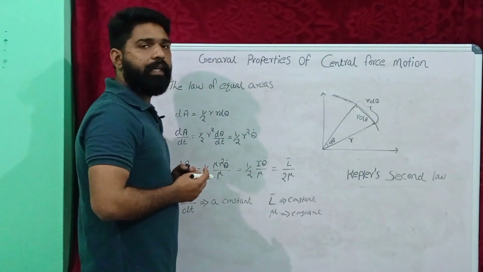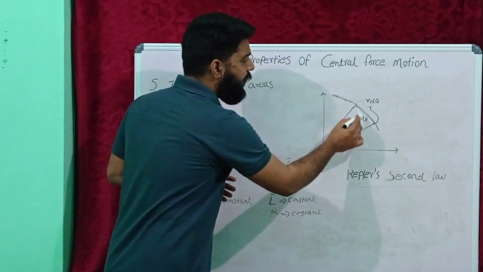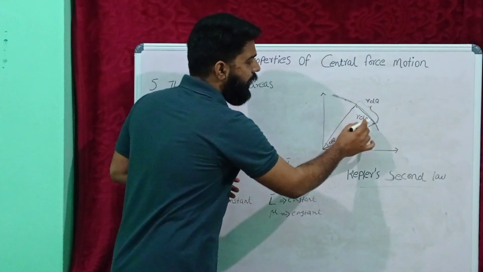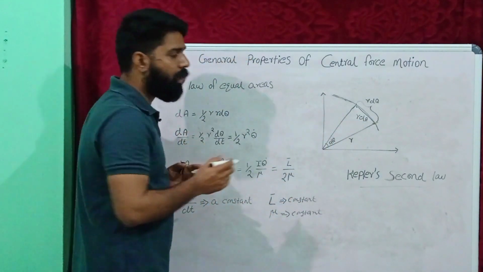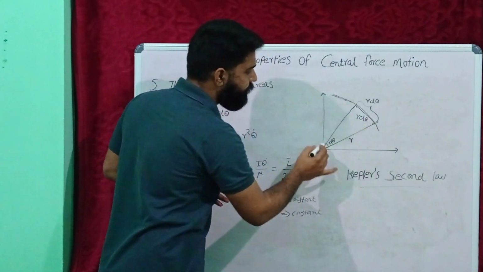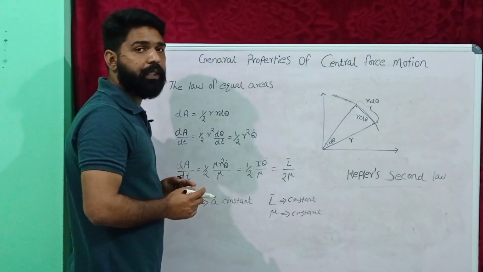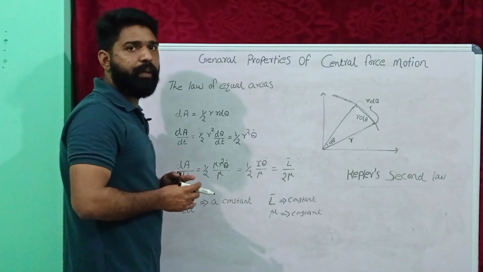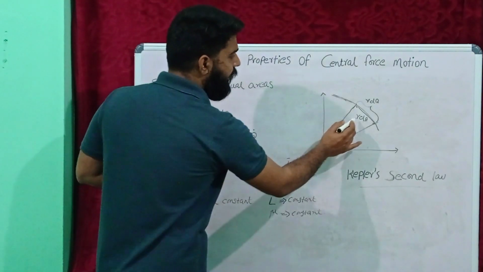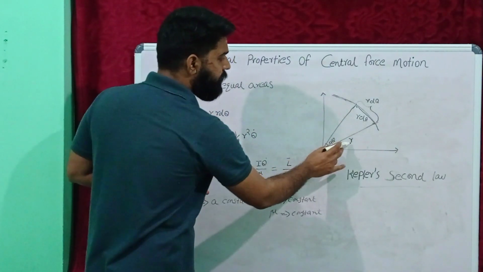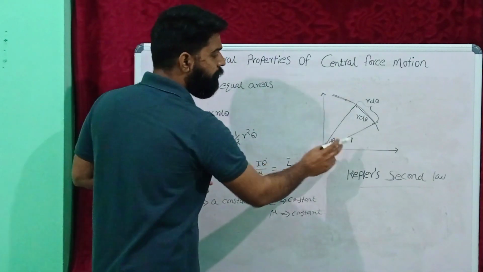Then we can easily calculate the total area of this part. How? We can use the equation 1 by 2 b h. Here h is this, and this is b.